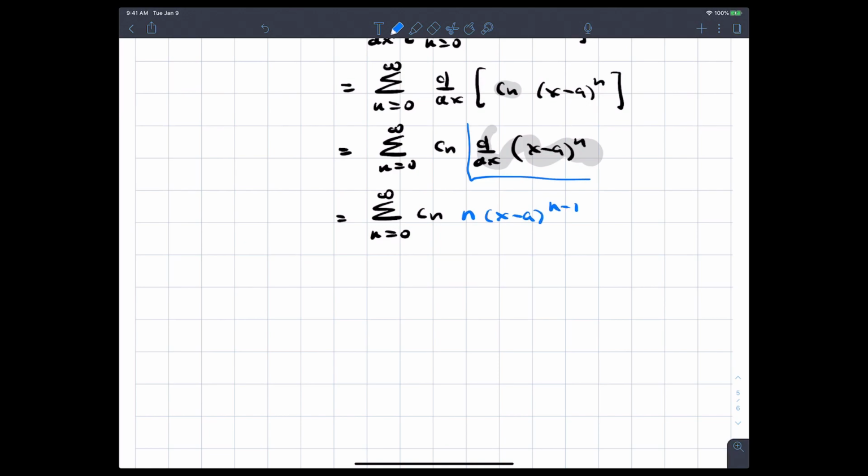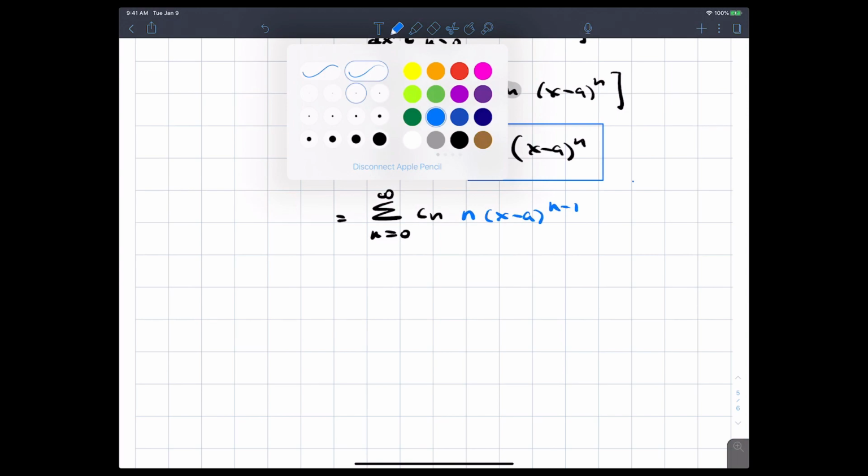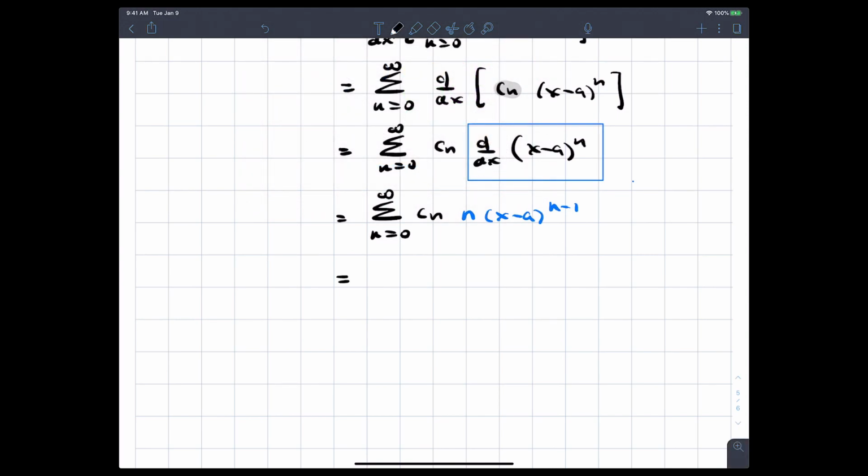So we're differentiating. Altogether, you might say that looks like we just put the n before the constant: n C_n (x minus a) to the n minus 1 power.